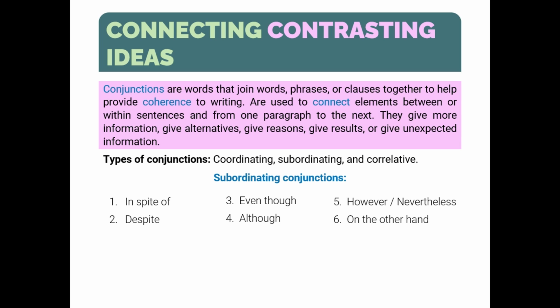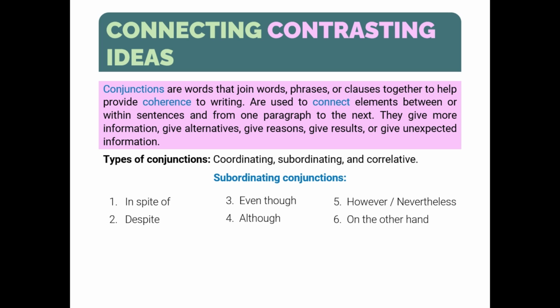Today, we're going to focus on subordinating conjunctions like in spite of, despite, even though, although, however, nevertheless, and on the other hand. Subordinating conjunctions help form complex sentences by indicating a cause and effect relationship, a shift in time, a shift in place between two clauses, or contrast.